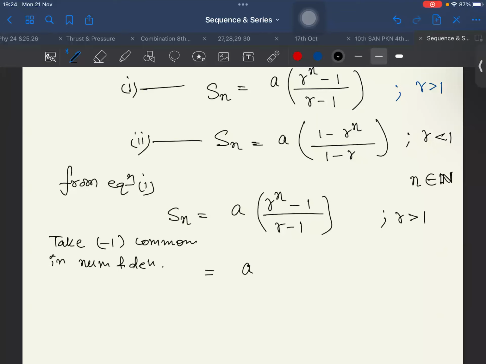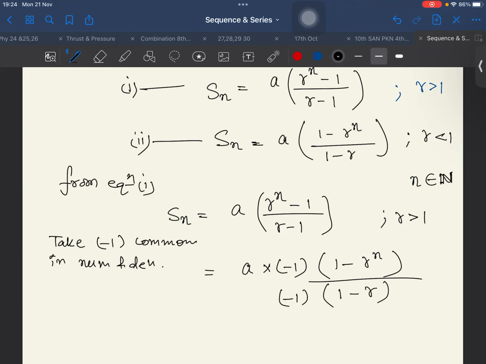So a, if I take minus 1 common, can we write it as (1 minus r to the power of n) divided by 1 minus r? In the numerator and the denominator we are taking common minus 1.